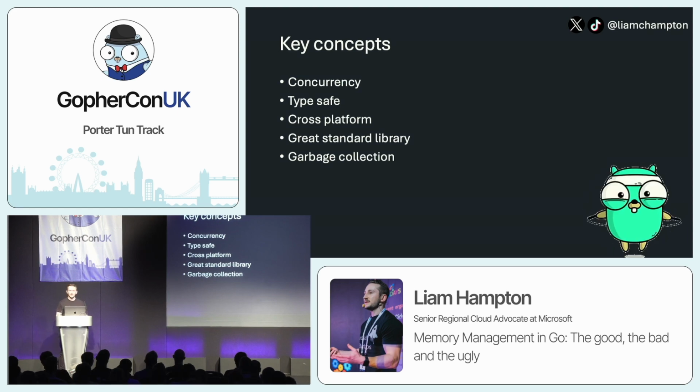And big props to the Go team for making this even better. In the recent releases, they have been improving the standard library over and over again, and it's wonderful to see. And finally, garbage collection. Go has this wonderful garbage collector, which allows it to have a really minimalistic memory footprint. And that's what we're going to dive into a little bit today.